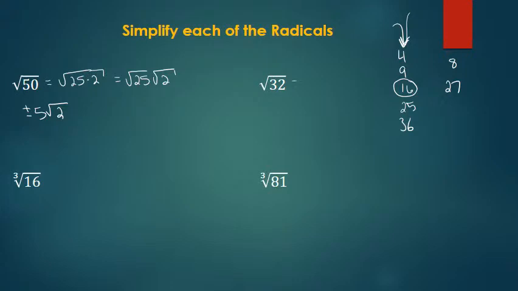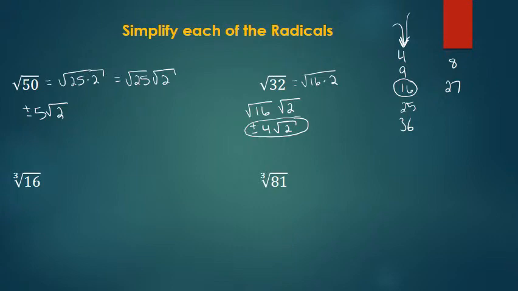I can rewrite it as the square root of 16 times 2. Now I separate those and get the square root of 16 times the square root of 2. What is the square root of 16? Well, it's plus or minus 4. And then you have the square root of 2 left over. So that is your final answer.